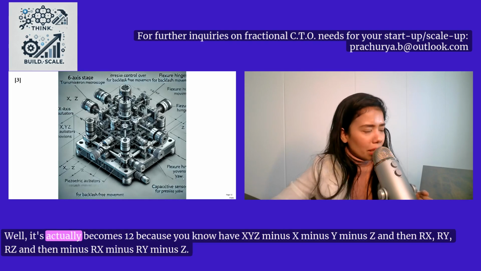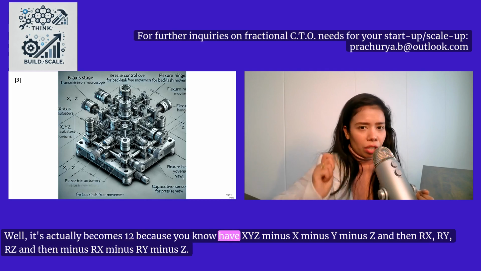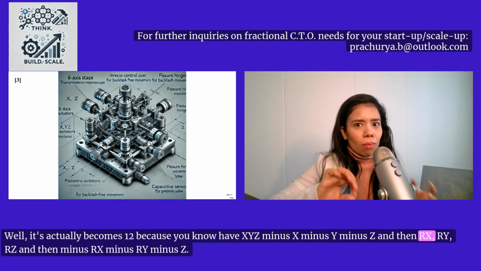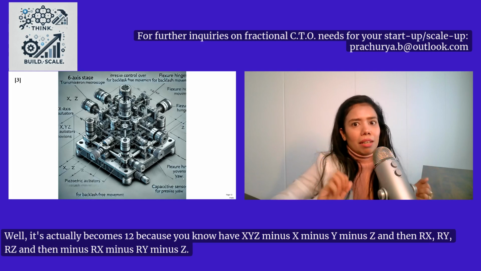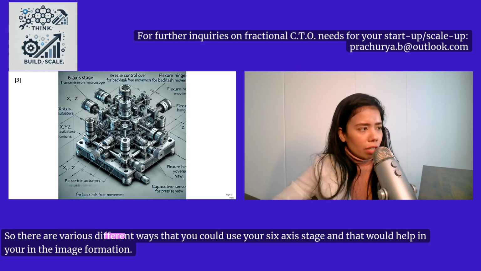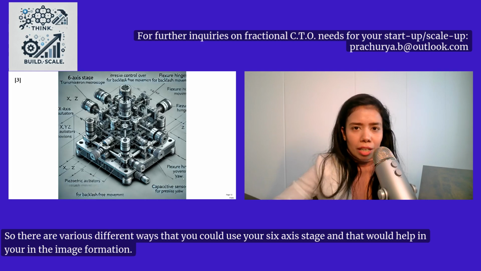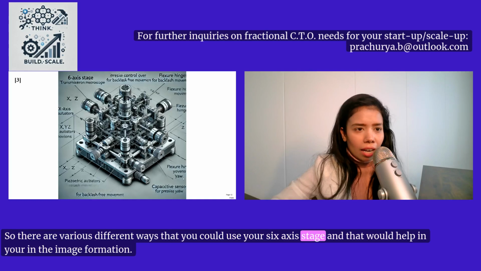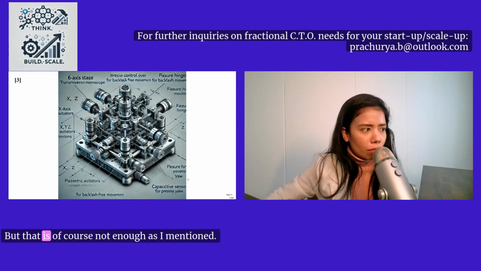Well, it becomes 12, because you have x, y, z, minus x, minus y, minus z, and then rx, ry, rz, and then minus rx, minus ry, minus rz. So there are various different ways that you could use your 6-axis stage, and that would help in the image formation. But that is, of course, not enough.